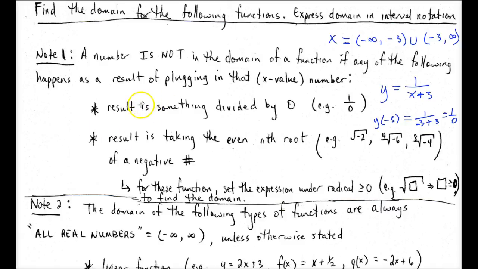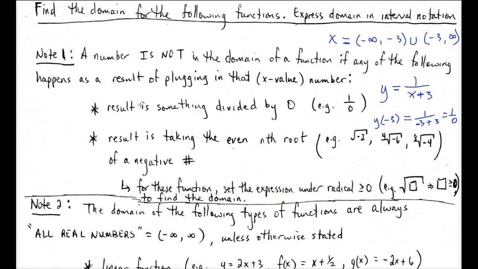So no matter what type of function you're dealing with, if you have a function that is written in fraction form and you have a value or values of x that make the denominator 0, then those values of x cannot be in the domain of that function.